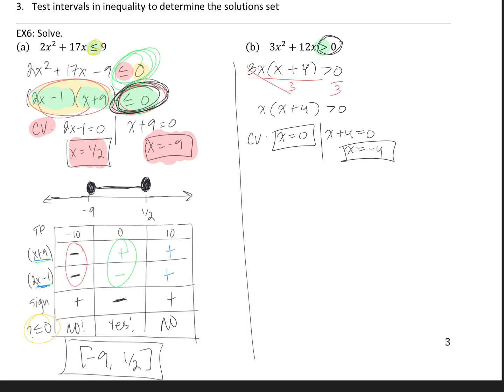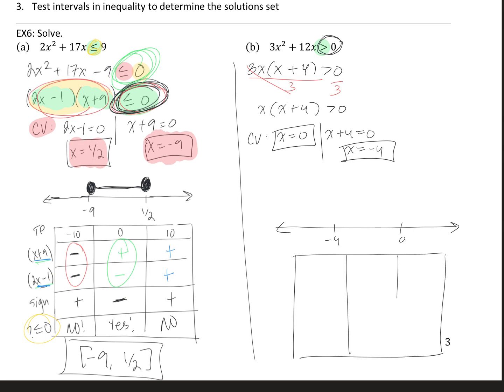These, again, are going to be what splits up my intervals and helps me pick my test points. So -4 and 0. Splitting it up into 3 little intervals. When you have 2 critical values, it'll be 3 intervals.